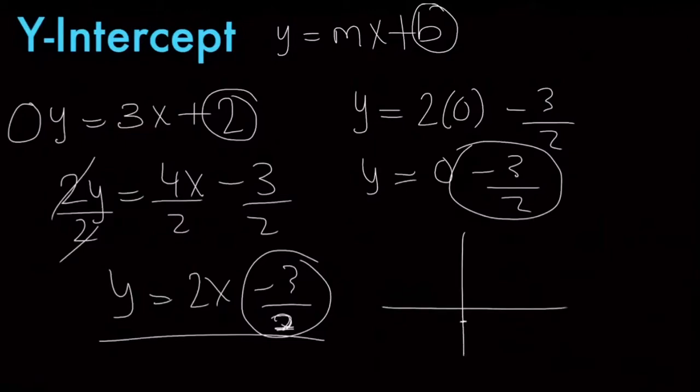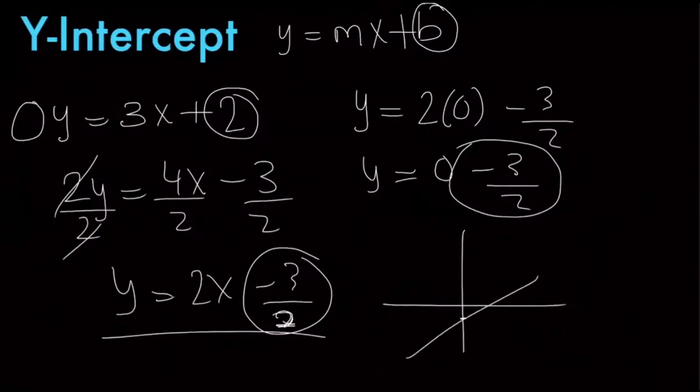The linear equation will intercept the y-axis at that point. That is the y-intercept. We explained how to find it from equations, and from the graph we can look directly at where the line crosses the y-axis and figure out where the y-intercept is.